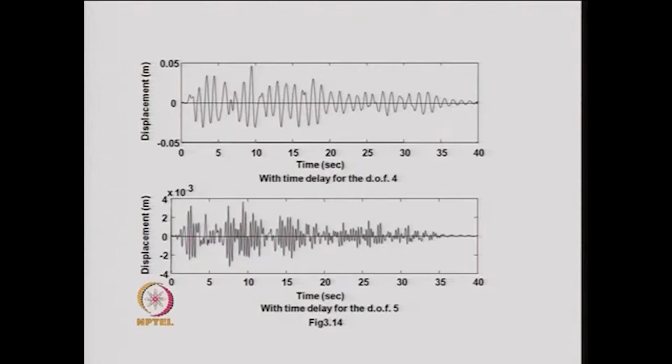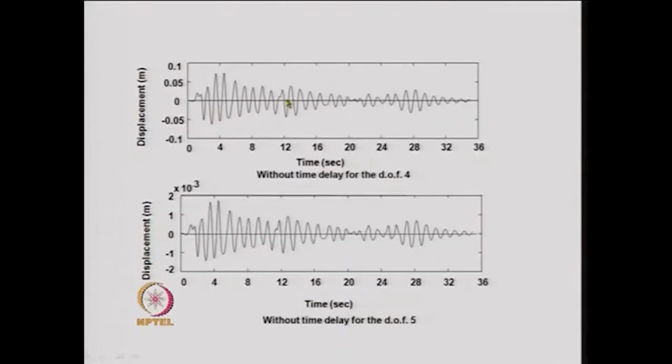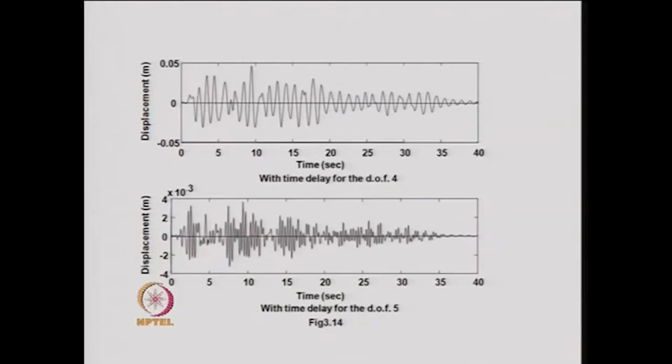This is the scenario when we have the time delay effect considered in the analysis, and we see that there is a difference between this case and the previous case. In the previous case we had 0.075 almost as the maximum value.